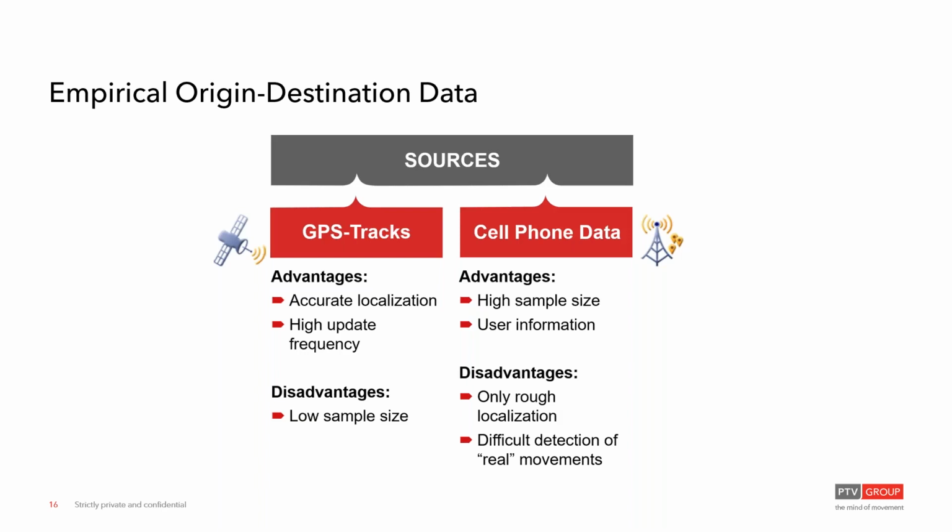It's very fine for every kind of speed analysis and for bottleneck analysis. But for origin destination analysis, a sample size of between 5 and 20% of all cars on the road is rather low.